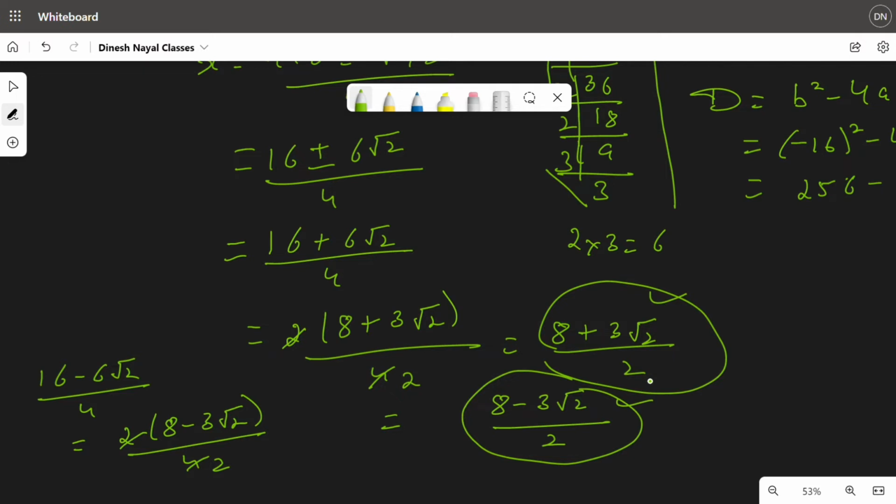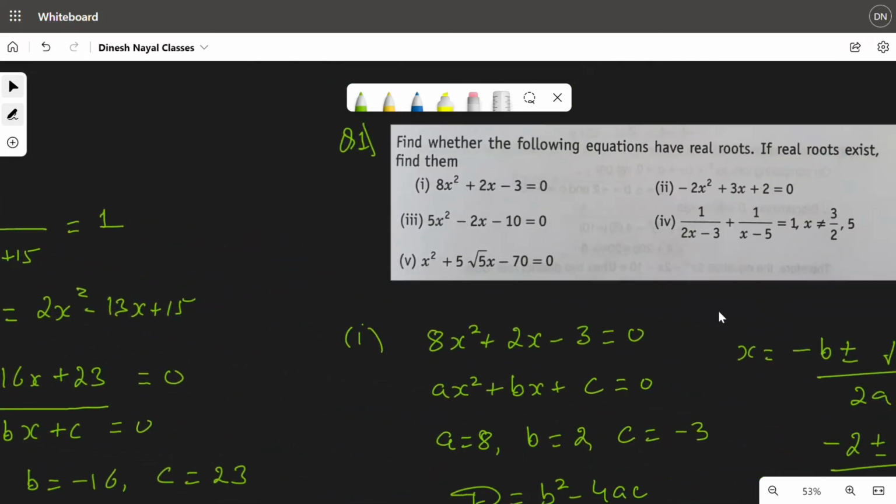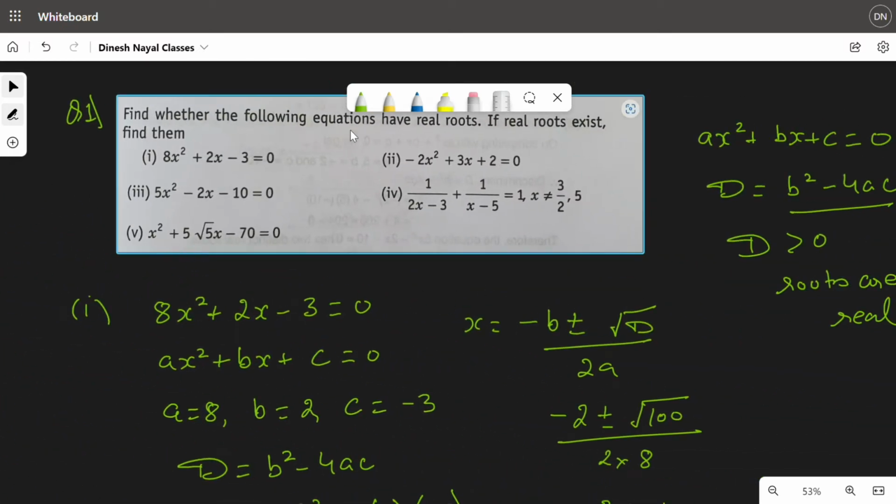Now coming on to our final part, which is the fifth part. Here is the fifth part: x square plus 5 root 5x minus 70 equals 0.